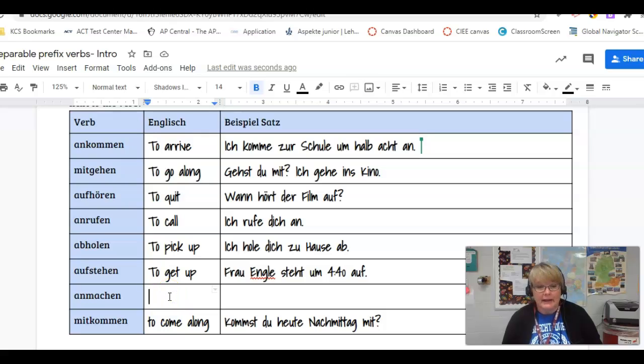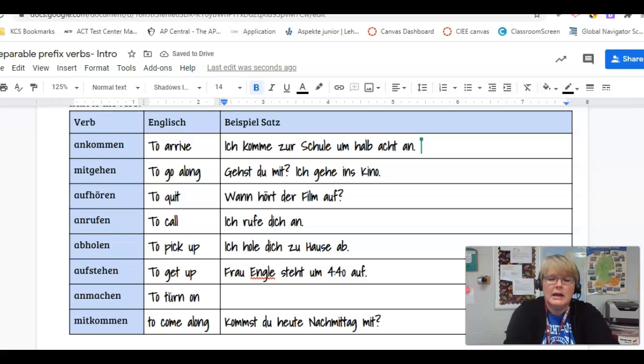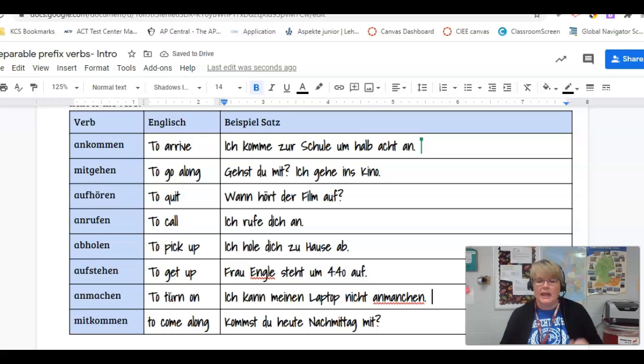Okay, anmachen. If I click over there to dict.leo, it's going to tell me anmachen is to turn on. Ich kann meinen Laptop nicht anmachen. I can't turn on my laptop. Now see, I got the red squiggly lines.